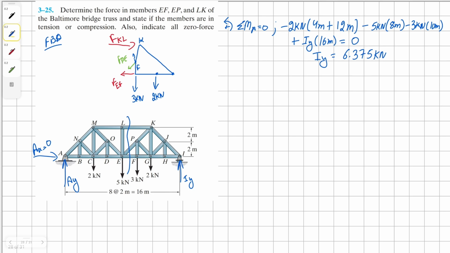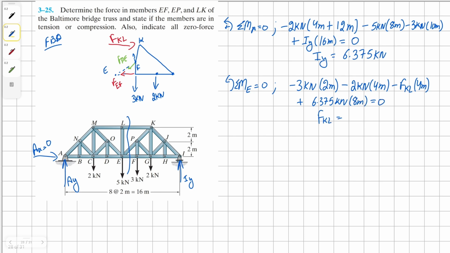Okay, now to solve, we're going to have our imaginary point E, and we're going to take a moment about the point E. In doing so, we're going to have clockwise 3 kilonewton, 2 meters away from E, and clockwise 2 kilonewton at G and 4 meters away from E. And then we're going to have force KL clockwise, and it's 4 meters away from E. And finally, we have counterclockwise external reaction force IY, and it's 8 meters away, all equals to 0.